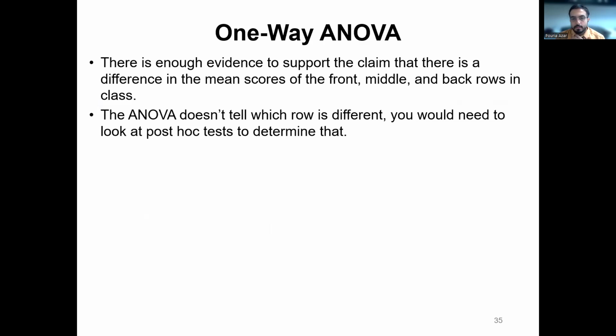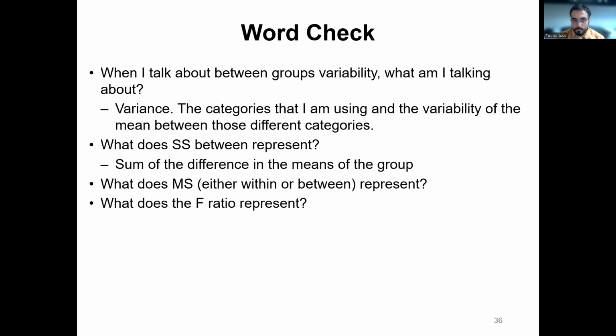The ANOVA does not tell which row is different. We have to do a post hoc test to determine that. So when I'm talking about between groups variability, what am I talking about? We are talking about variance.